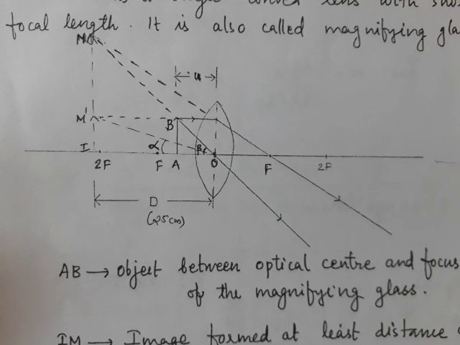Inside there is a convex lens, and you have studied about the working of that also. So in this topic we will study two optical instruments, that is a microscope and a telescope.